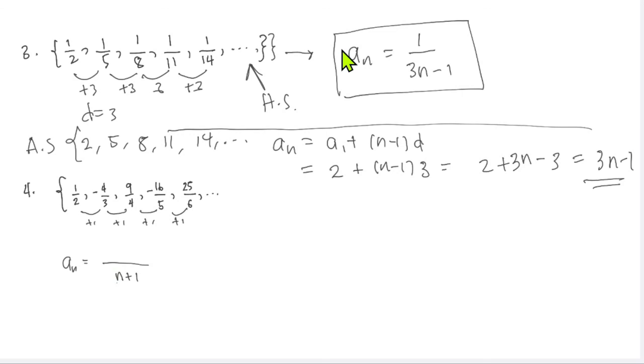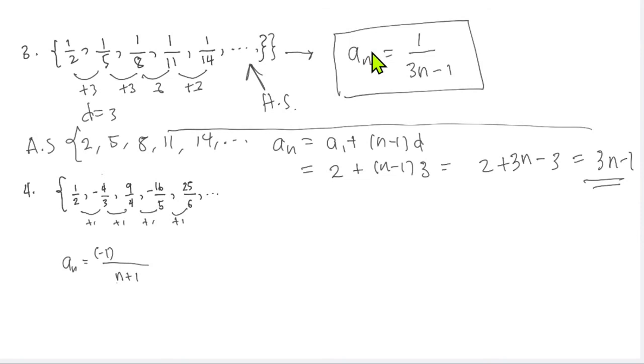How about the numerator? The numerator has an interesting pattern. Again, it's positive, negative, positive, negative. So what do we multiply if we have alternating positive and negative terms? The first term is positive, so we're already sure that it should be negative 1 to the something. So either it's negative 1 to the n, or negative 1 to the n minus 1.